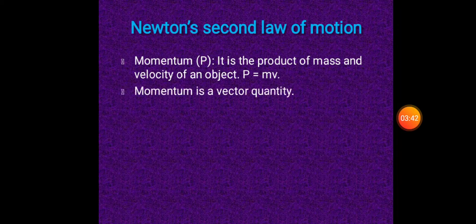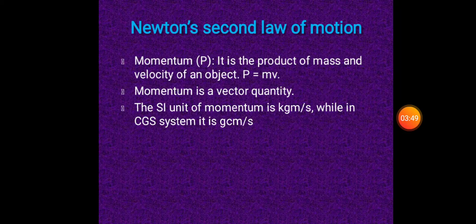As momentum has magnitude as well as direction, it is a vector quantity. The SI unit of momentum is kg meter per second, while in the CGS system it is gram centimeter per second.